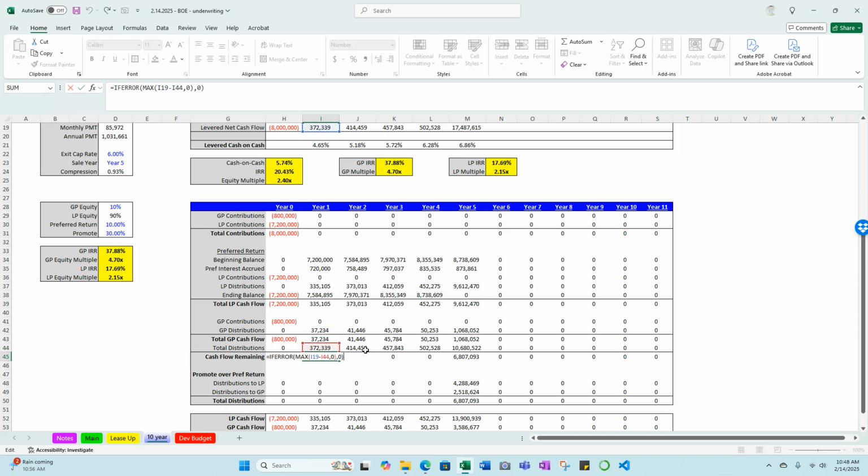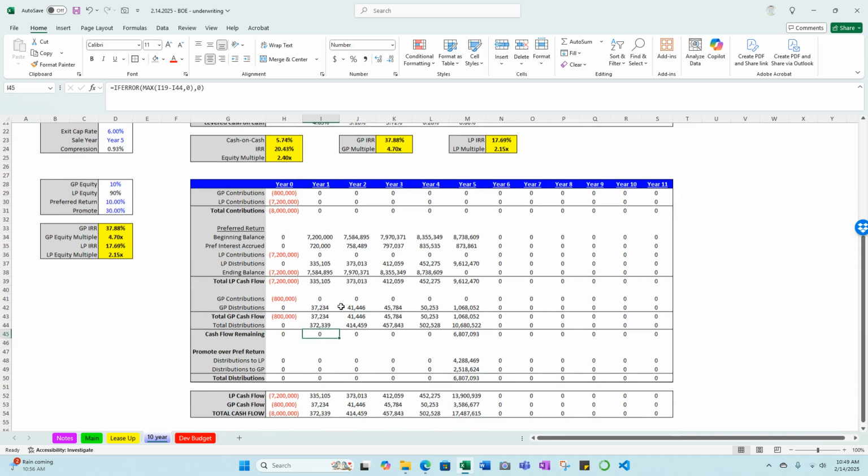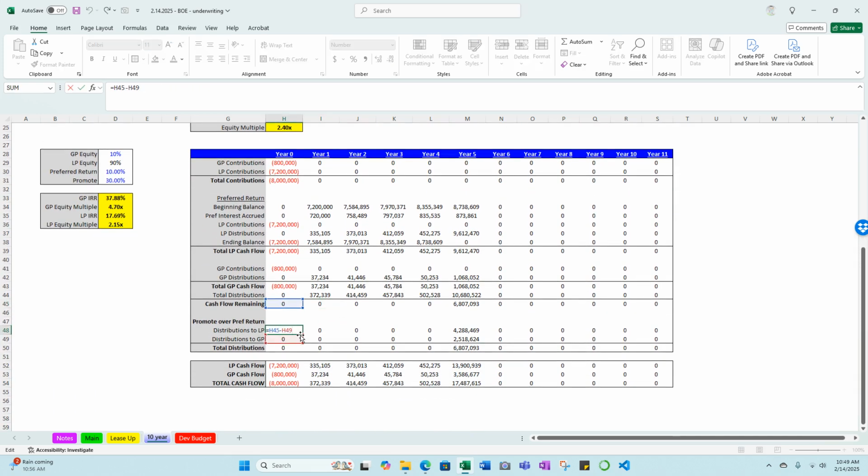Then this is cash flow remaining with an if error involving the max of the levered net cash flow above minus the total distributions and distributions to LP.